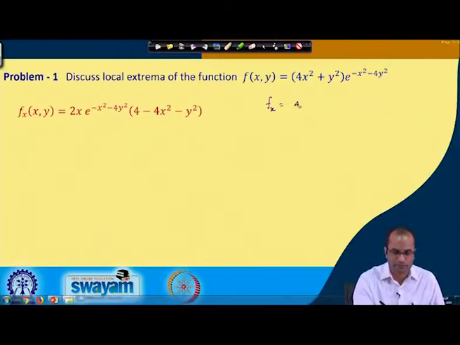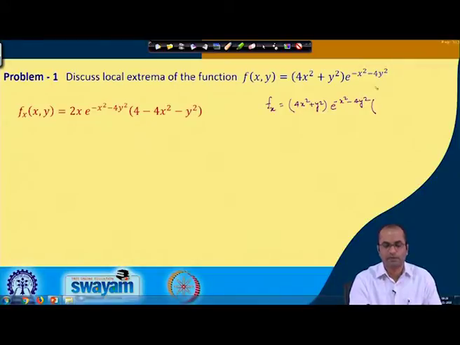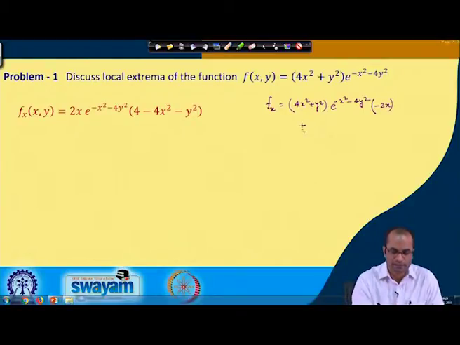It is a product rule, so we keep the first term as it is and differentiate the exponential e power minus x square minus 4y square, whose derivative of the exponent is minus 2x with respect to x, and then plus the derivative of the first term, 8x, times e power minus x square minus 4y square.